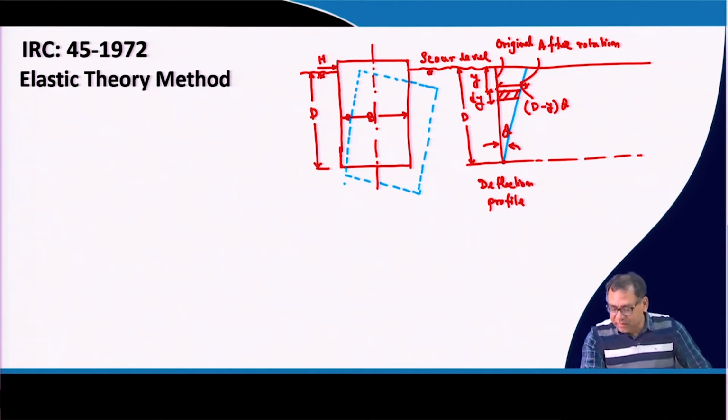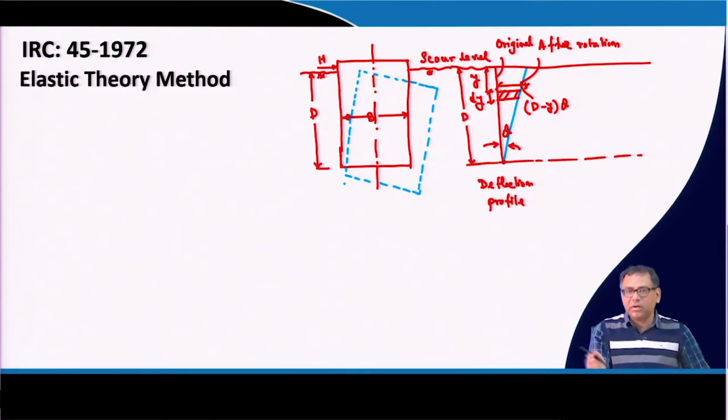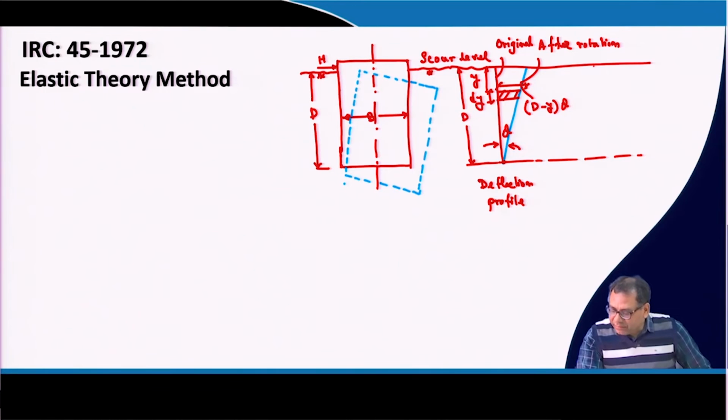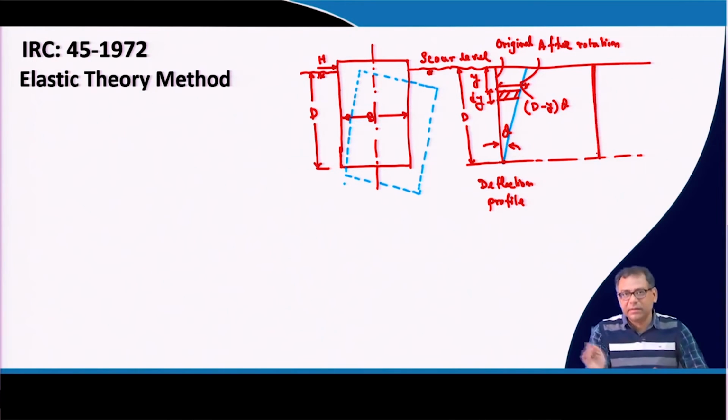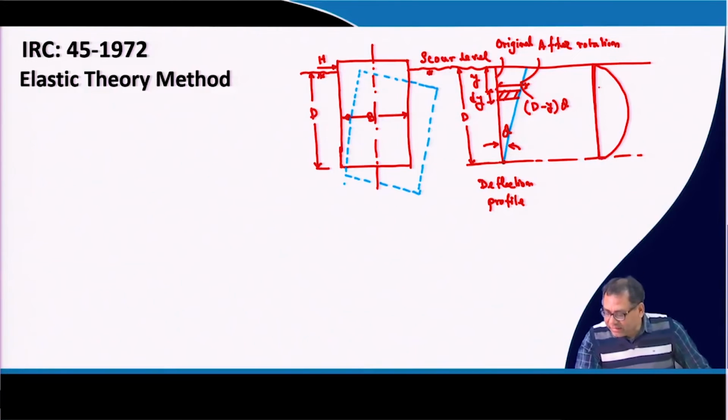So, this is a small segment, and the rotation is also small. So, that means we can consider it is a straight line more or less. And because of this rotation there will be a pressure distribution, and that pressure distribution is assumed like this. So at that level the stress or the pressure is sigma x.